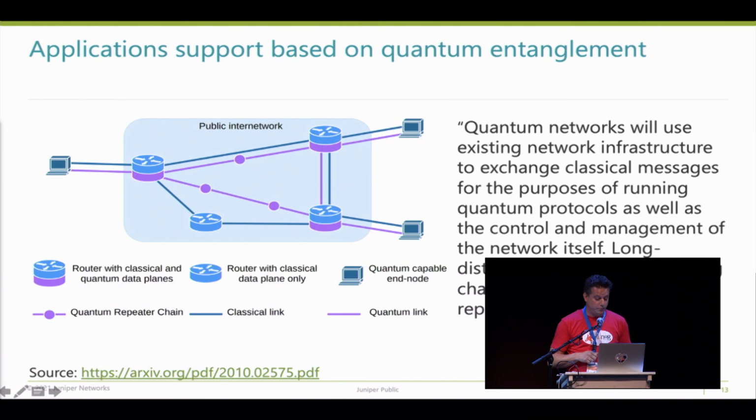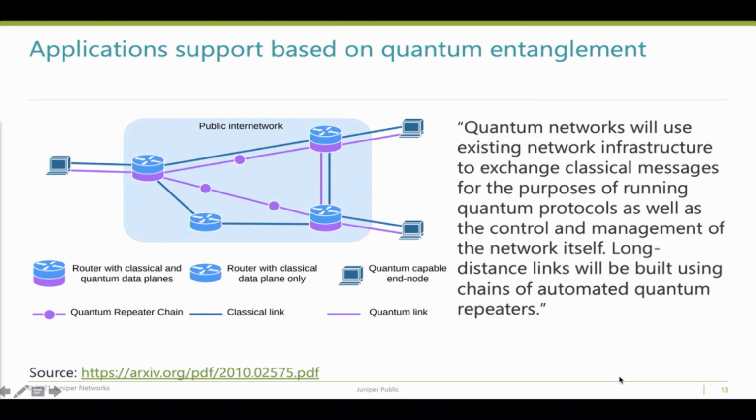So the way we currently see these networks working is, if you look at the picture, all the blue nodes are just classical routers as we know them, but they will probably have in the future a separate plane that will take care of the quantum channels. So you will see either quantum information being sent over a different fiber, or in a CWDM, DWDM environment, in a separate channel.